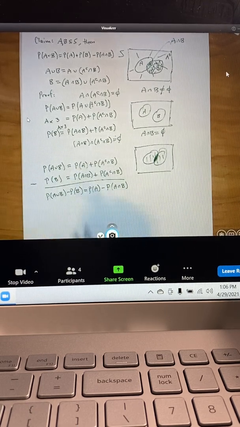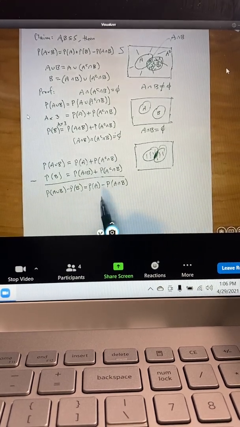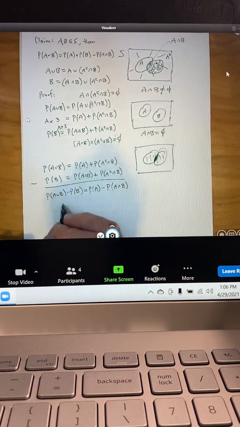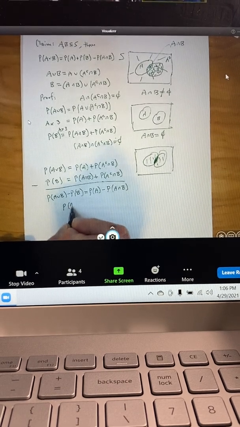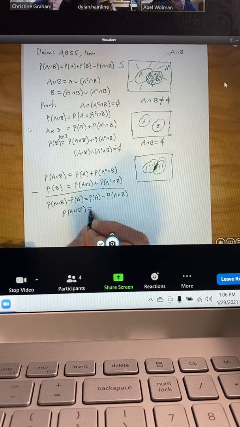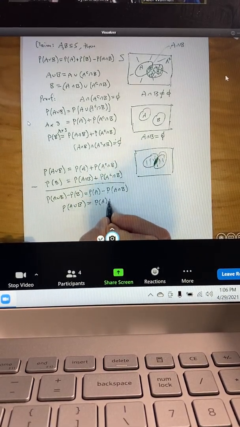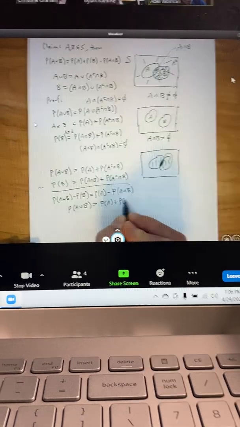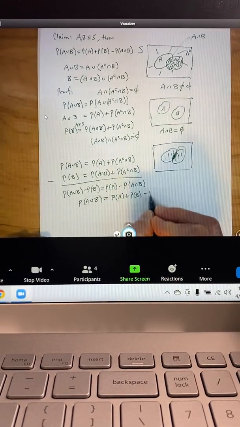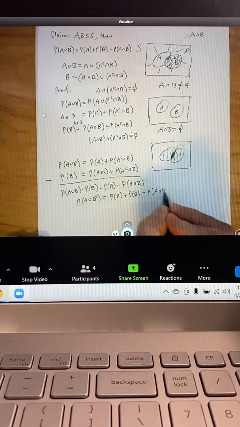In other words, can I just add the probability of B to both sides? So the probability of the union of A and B is equal to the probability of A plus the probability of B minus the probability of their overlap.